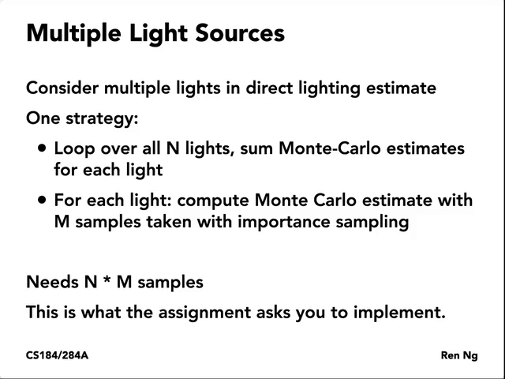One strategy can be to loop over all n light sources and compute Monte Carlo estimates for each of those lights. So for each light, you could compute a Monte Carlo estimate of its lighting contribution by taking m samples, for example, over the area of that light with importance sampling. If you did this, because you have n lights and m samples per light, you'd have n times m samples overall. This is what the assignment is going to ask you to implement, okay? And this is a perfectly reasonable way of doing it.